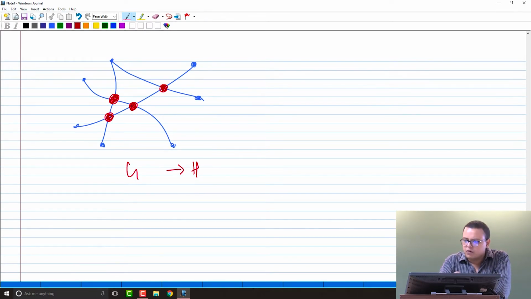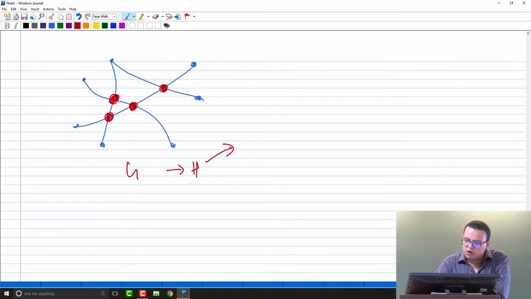What will be the degree of the vertices of the cross point? What will be the degree of one cross point? It has become a vertex right now, right? 4. Use this result, since H is a planar graph, you can use the planar graph result here.